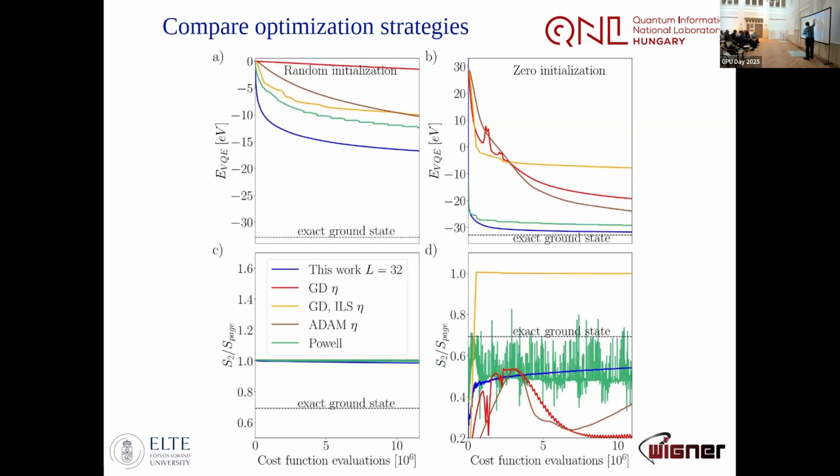On the right side, we set the initial parameters to zeros, so we are not on a Barren plateau initially. And it seems that our and Pavel's optimization strategies can keep the optimization trajectory out of the Barren plateau.